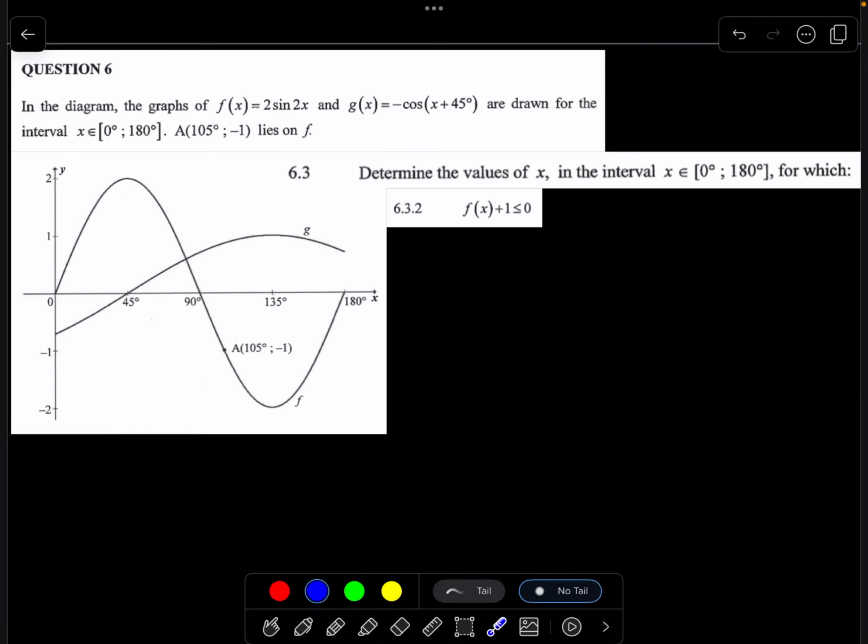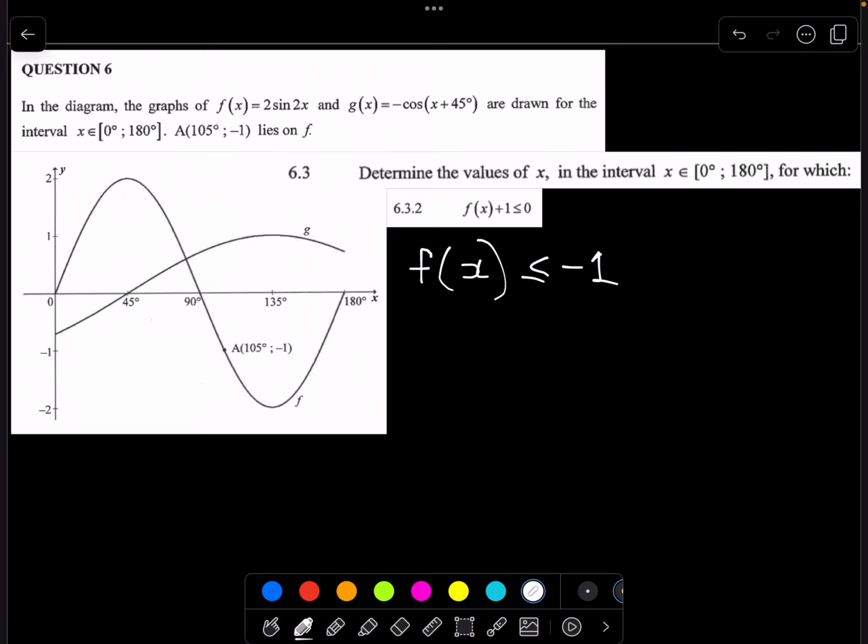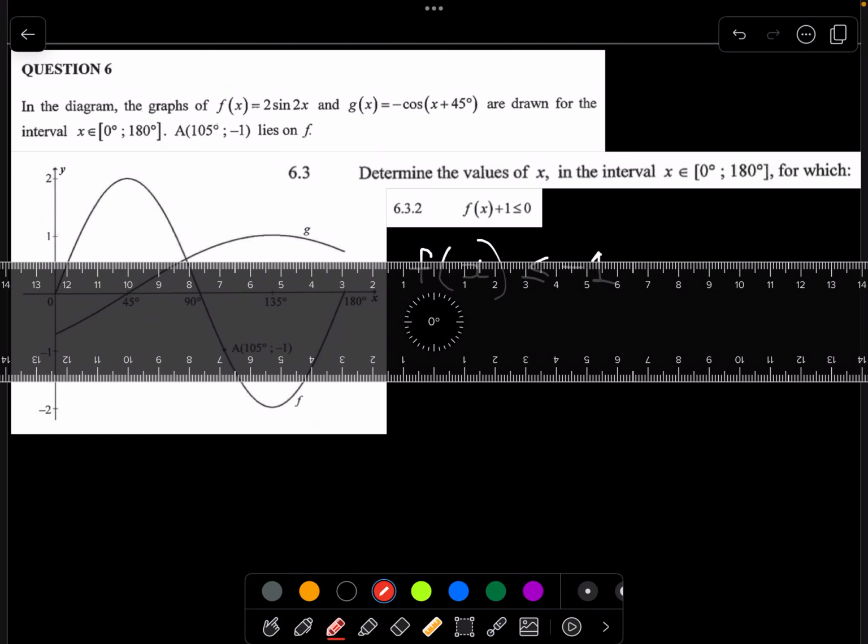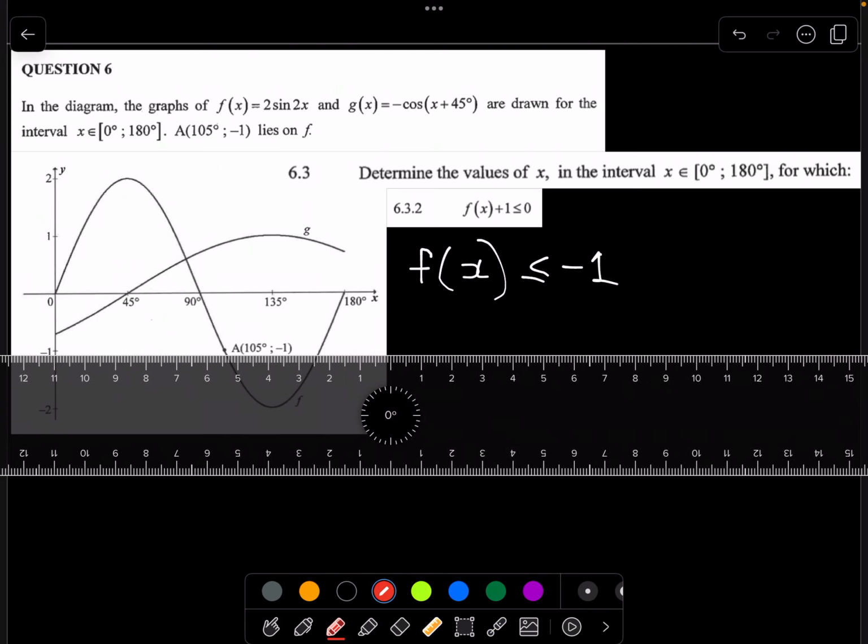So f of x is the sine graph, and there's a couple of ways that we can think about it. The first way is that the equivalent inequality we're solving is: for which values of x is f smaller than or equal to negative 1. So we can draw our little line there.